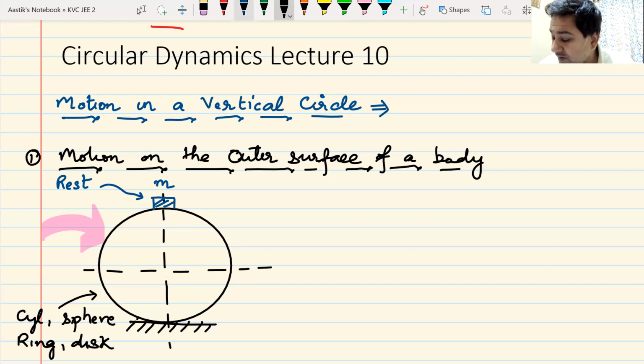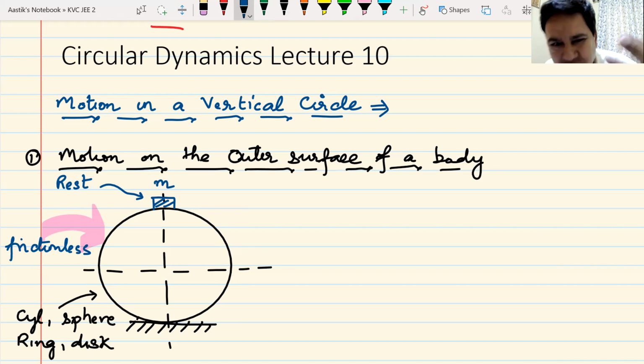I'll just note it down as well: all the surfaces are frictionless, so there is no friction. When friction comes, nothing happens. The problem just gets one more equation, the other equation changes and nothing else. Right now, let us not concentrate on friction. Frictionless, that is smooth. The surfaces are smooth. That is the type of question that we encounter in 99.9999% of cases.